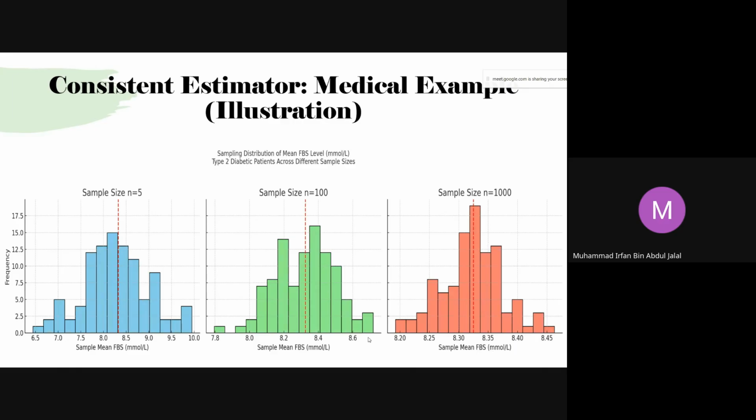As you can see, that's the reason why, as you increase the sample size, if the estimator is consistent, it will converge more and more accurately to the actual true population mean. Jadi biasa ingat balik unbiasedness, kita tak talk about the sample size, we fix the sample size. Now we're talking about the behavior of the estimator tu bila kita increase the sample size. Okay, understand?